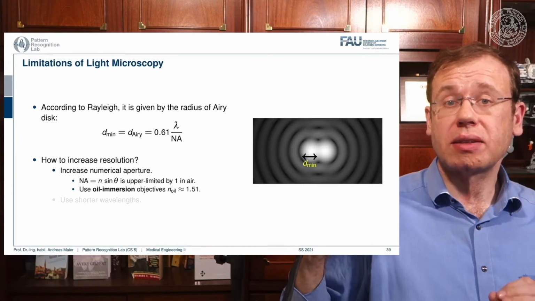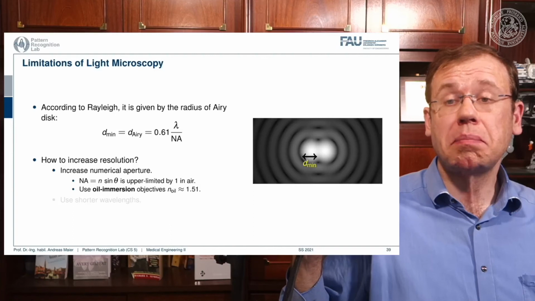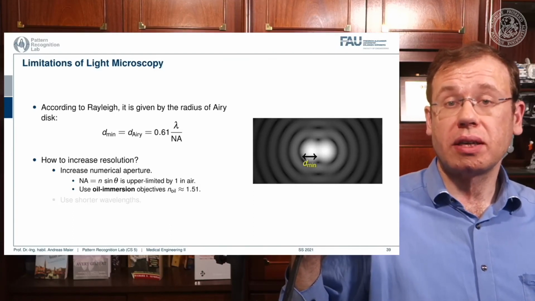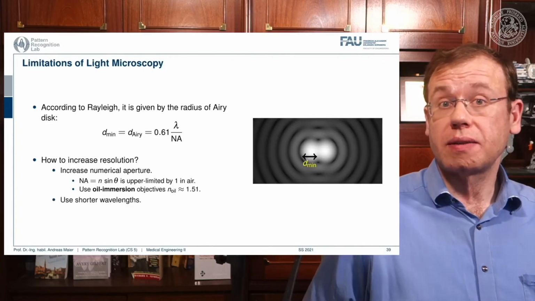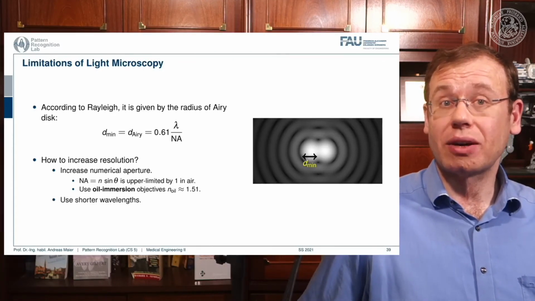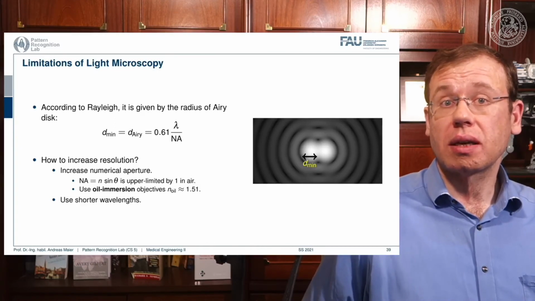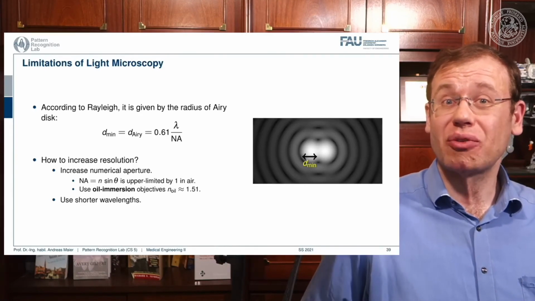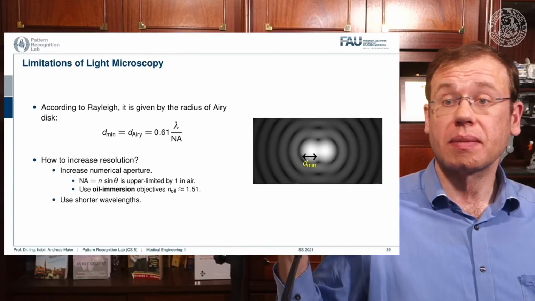We can stretch this a little bit if we use oil immersion, and then we would have a slightly better resolution than in our setup in just air. Well, and then of course you could use shorter wavelengths. And this means you need higher energy light, and this then leads to very different fields like X-ray microscopy, and then different effects that can be exploited to get larger magnifications.